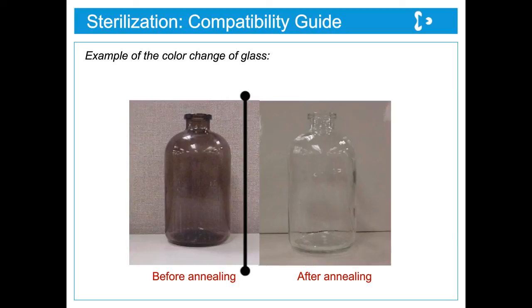We annealed it at roughly 600 degrees Celsius, and it was able to turn back to its original color. Now, this is something you would never do. It's just an experiment we wanted to do to show that sterilization methods can affect different material compositions, and that heat does play an important role with material compositions.